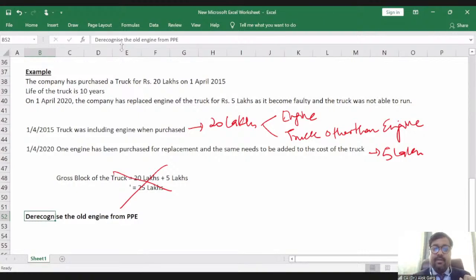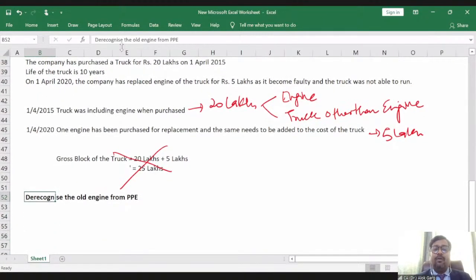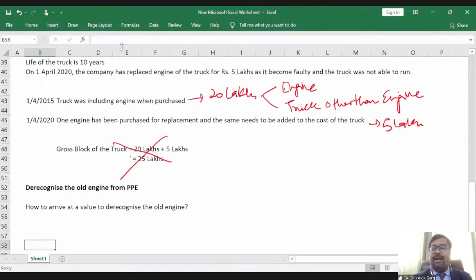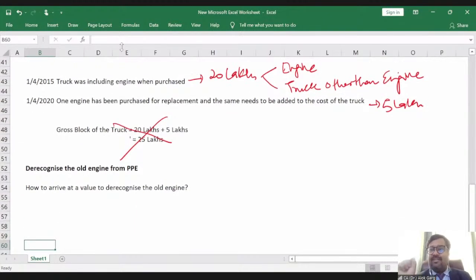Is it clear? Sir, how to de-recognize the old engine from PPE? How to arrive at a value to de-recognize the old engine, right? Because when you buy a vehicle, your invoice does not carry the value of the vehicle other than the engine and the value of the engine, right?